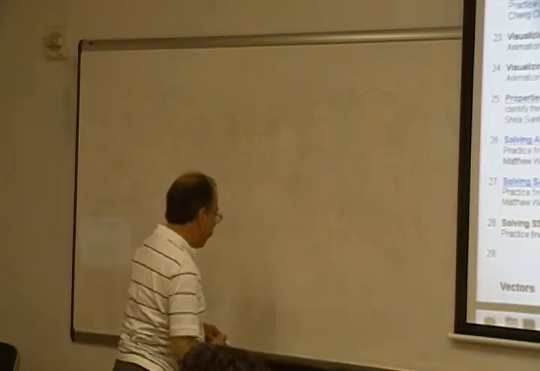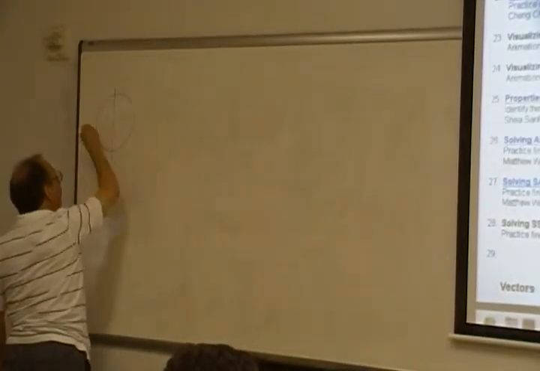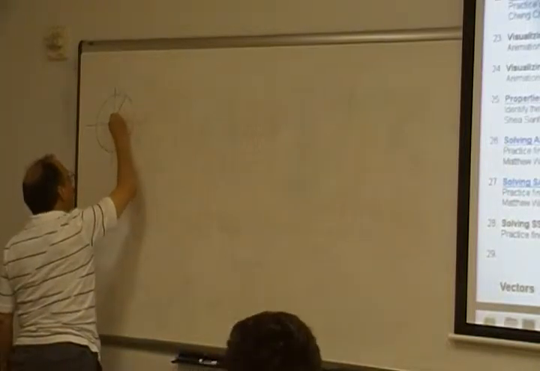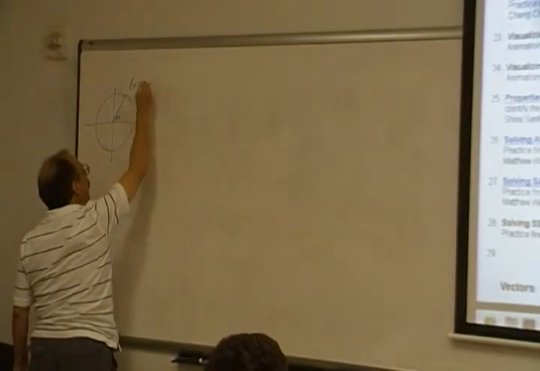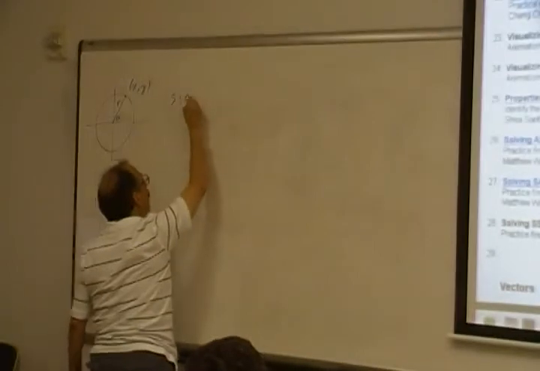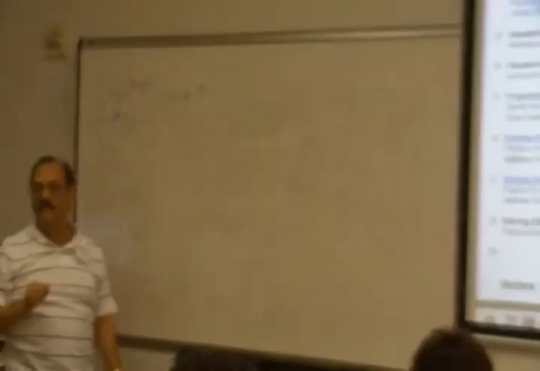Okay, so first of all, here is a circle. Here are the axes. Here is an angle, theta. Here is the point, x, comma, y. Here is the radius. Sine of theta is what over what?